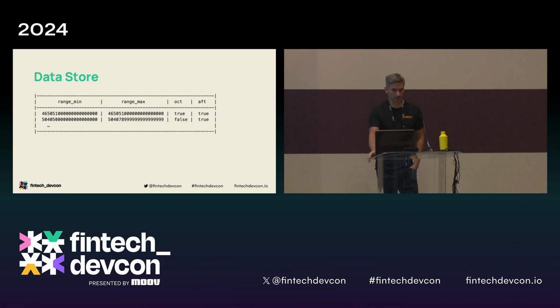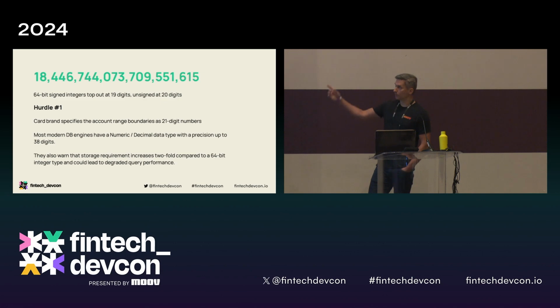I did mention that the flags for the feature support are just Booleans, but what about the range minimums and maximums, the range boundaries? This number at the top of this next slide should be familiar to everyone. Yes, no? This is the maximum value that the 64-bit unsigned integer can represent.